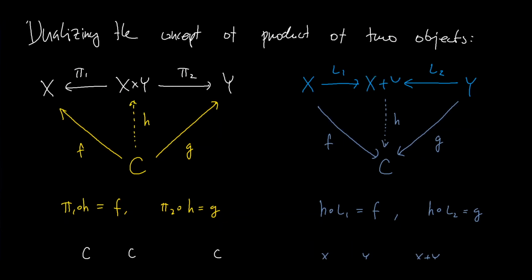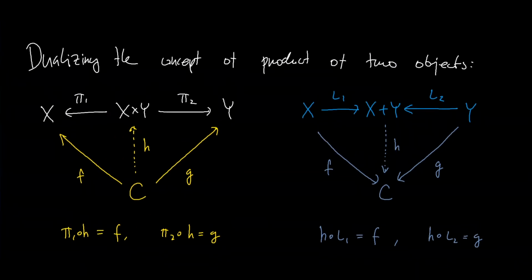And be careful, it's not union, right? Because if the two sets overlap, then the union will have fewer than the sum of the number of elements. Yes, Sasha? The disjoint union. That's right, yeah. Thank you very much.